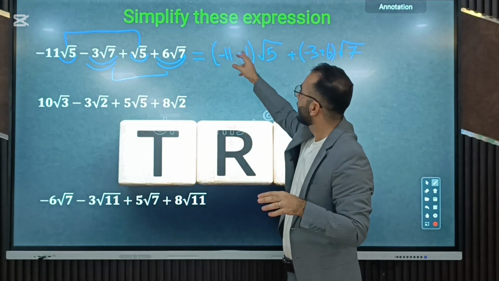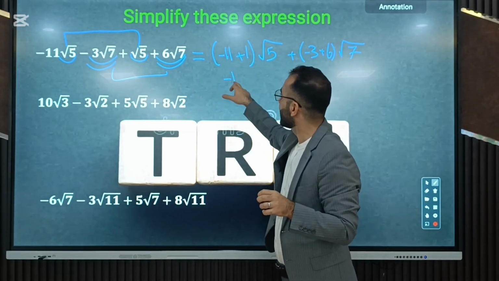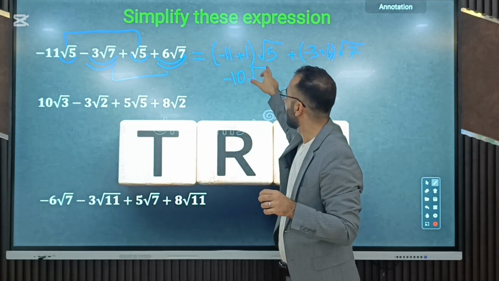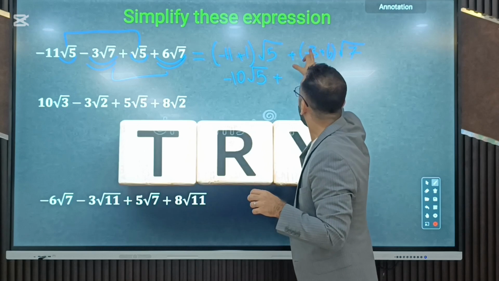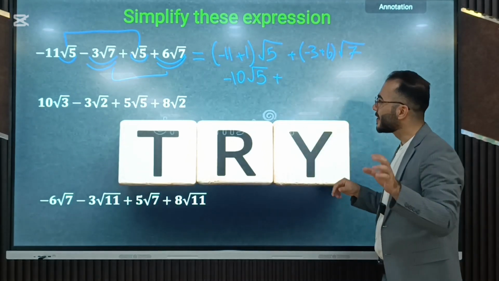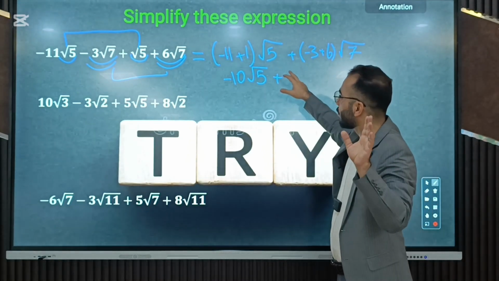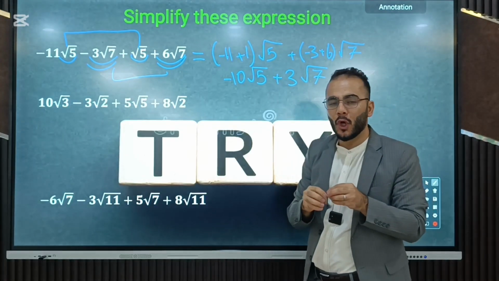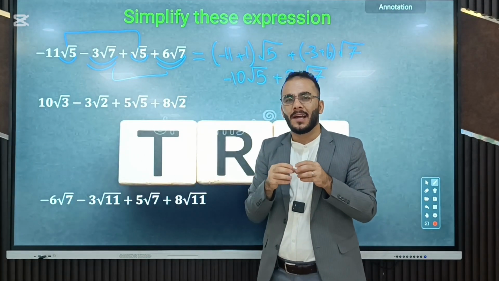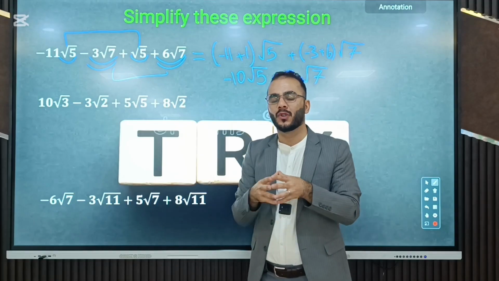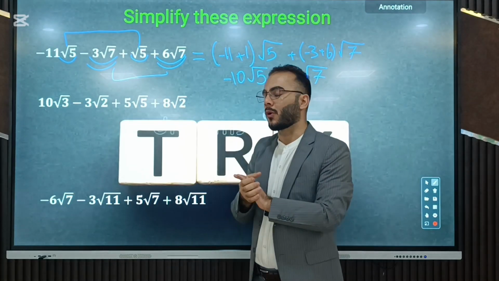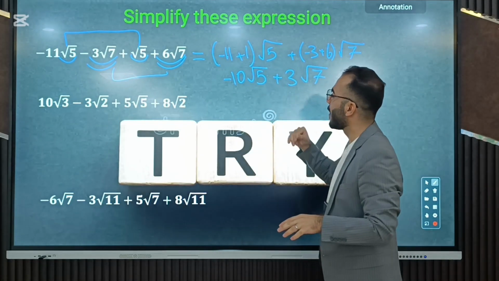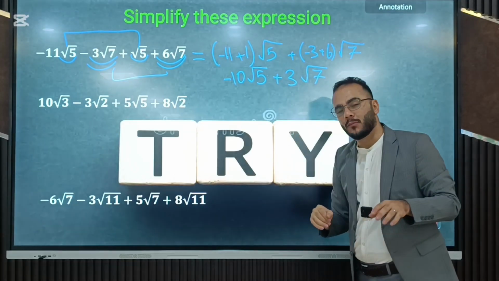So here negative 11 plus 1, it's equal to negative 10 square root of 5 plus negative 3 plus 6, it's equal to how much? Perfect, 3 square root of 7. That is how you are going to simplify a statement that includes different square roots. And this is the final solution, by the way. You cannot simplify more than this.